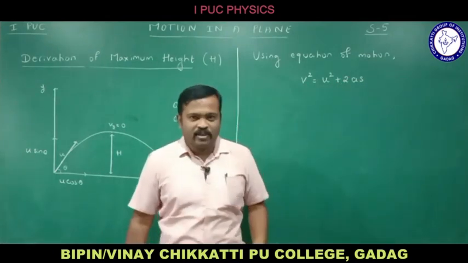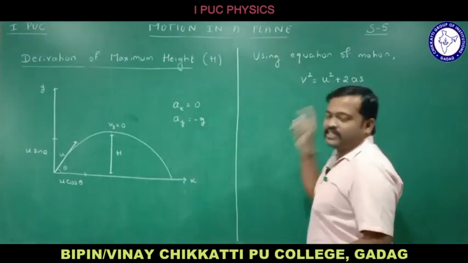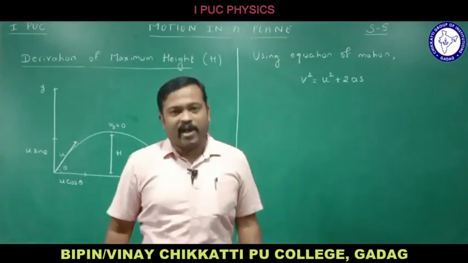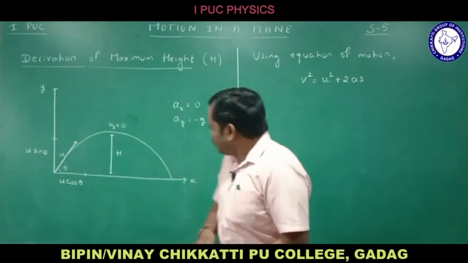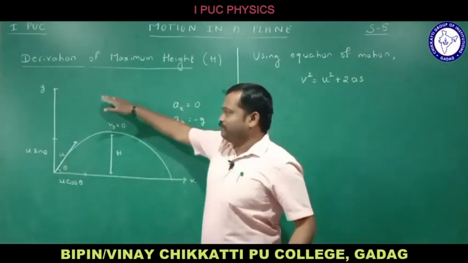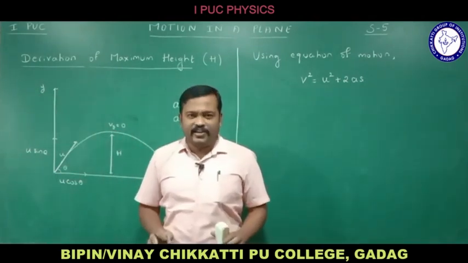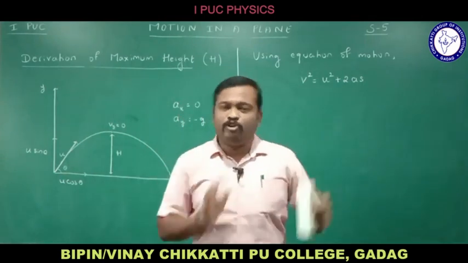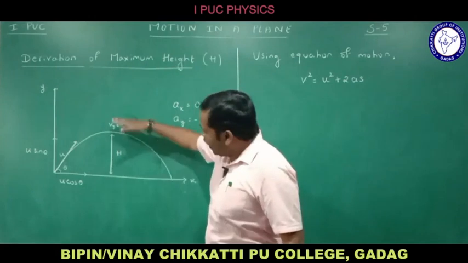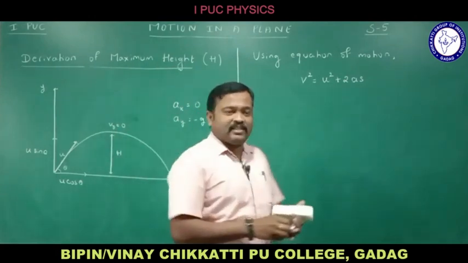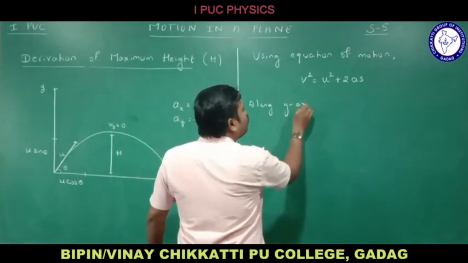Whenever I speak about a two-dimensional motion in a plane, this can be written along the x-axis and along the y-axis. Which axis shall I use? Since the body is moving upwards, I will be using the y-axis. The first thing you should understand is which axis we need to use here. Since we are discussing maximum height, it is along the y-axis.